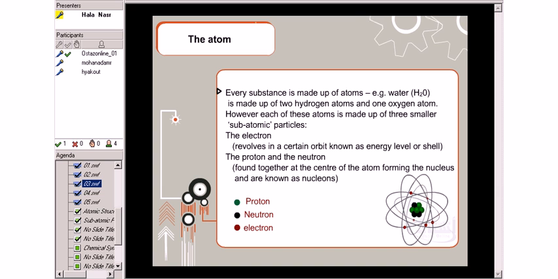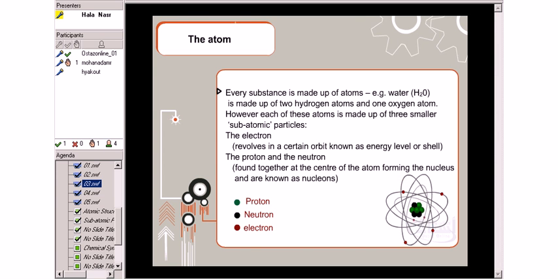The same way here in the atom, the nucleus is the main part of the atom. This nucleus consists of protons and neutrons. Around the nucleus, we have electrons revolving all around in orbitals, or in orbits. I need you to imagine this atom as the solar system. Who knows the solar system?